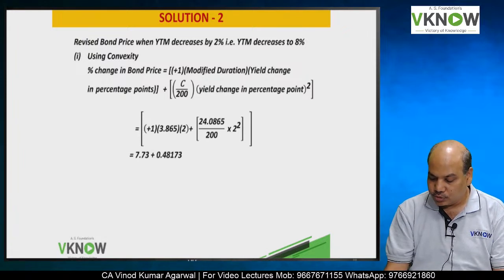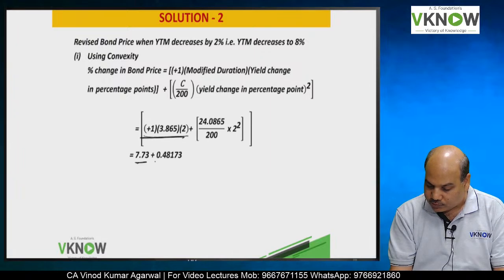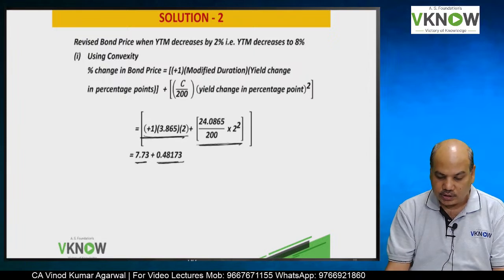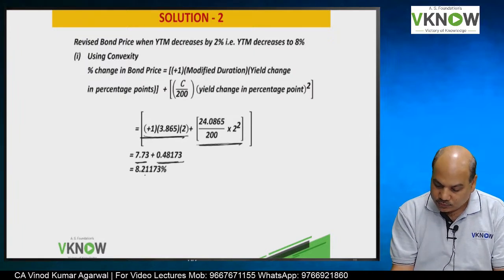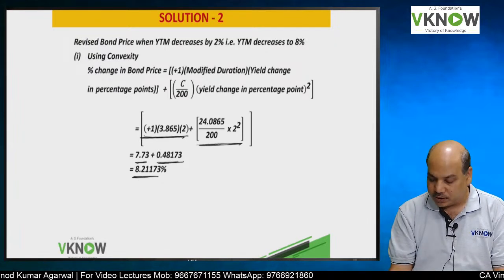So the answer comes to, for this portion 7.73, for this portion 0.48173. So the final total is 8.21173%.